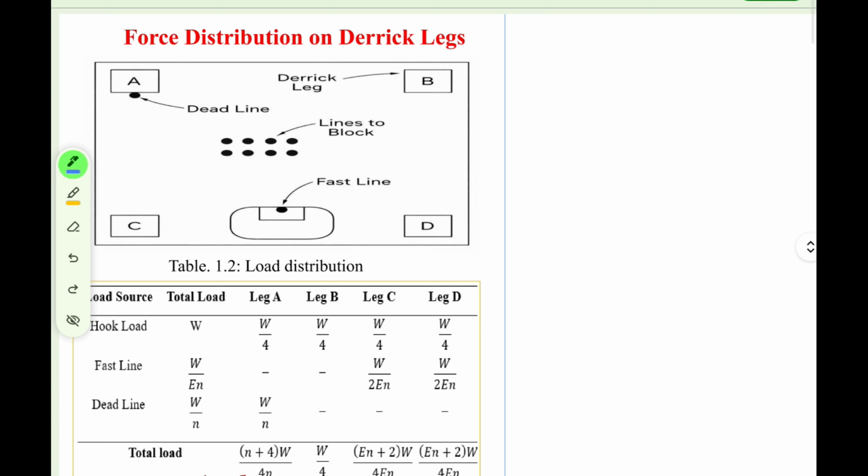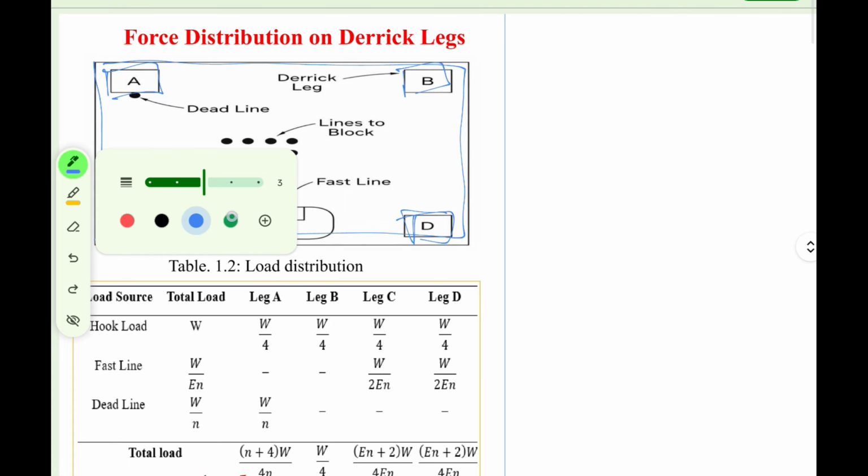If you go to the actual rig, you can assume that this is your rig floor, and this rig floor has four legs: leg A, leg B, leg C, and leg D. We are just naming them; you can name them according to your comfort.